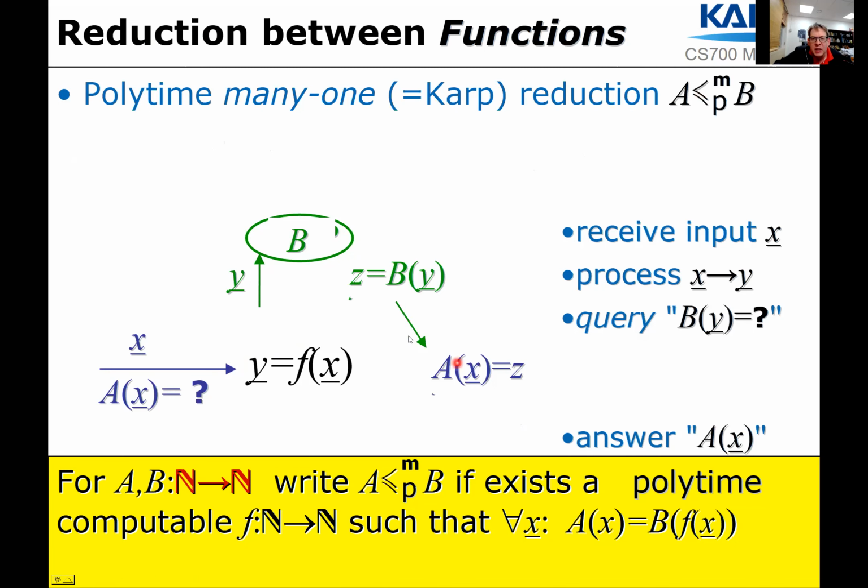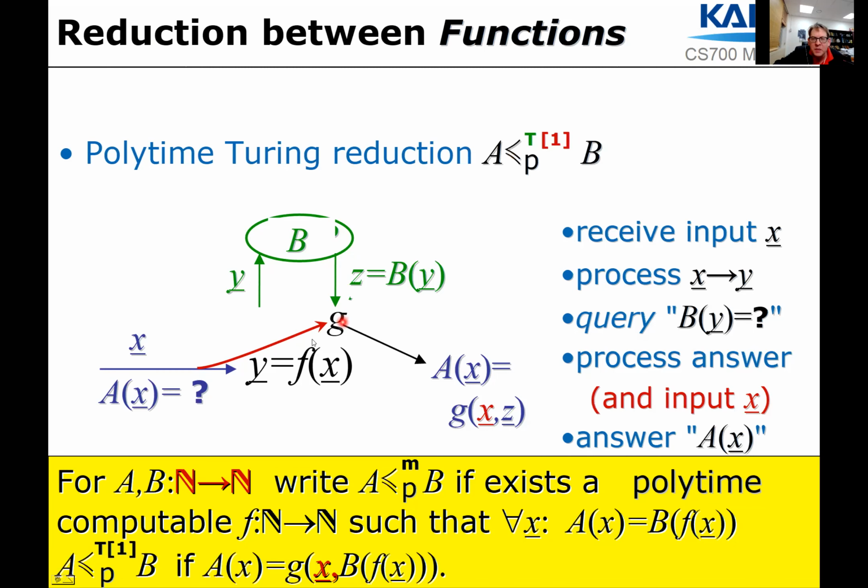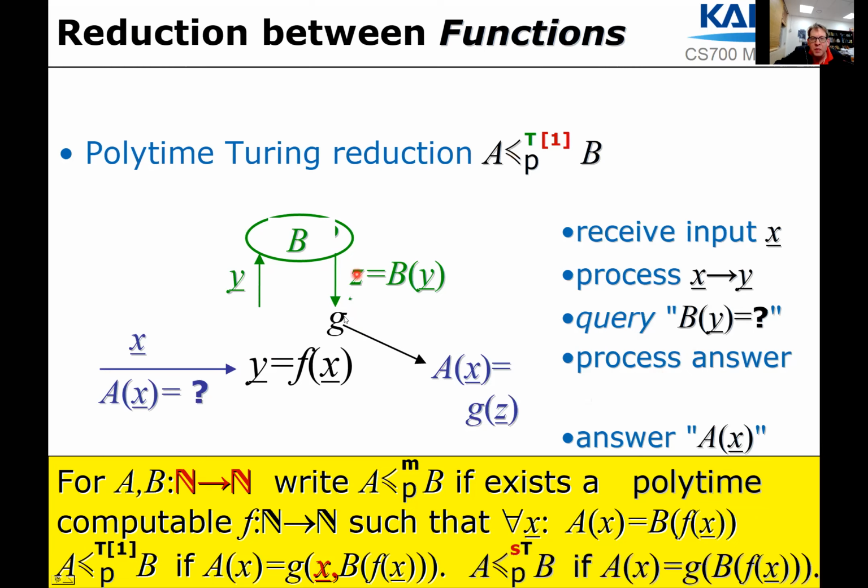So this is the direct answer, and this is further processing, possibly together with the input, so that the original input can be used several times, for the query and for the further processing, or it can be used only once to make up the query, and then only the answer of the original query can be used to calculate the final value.